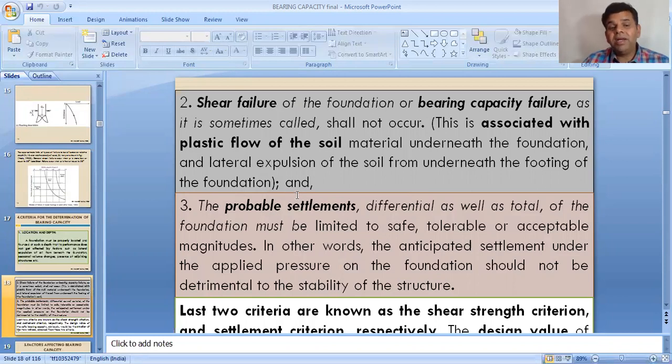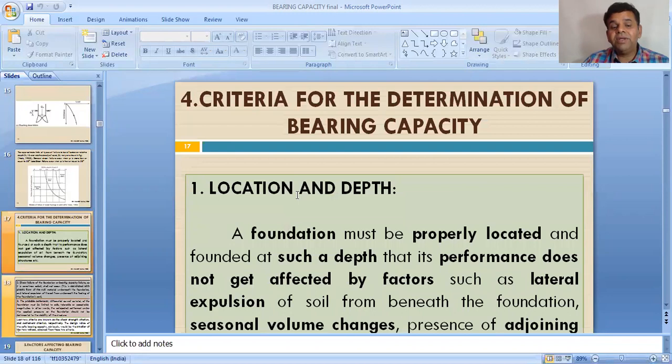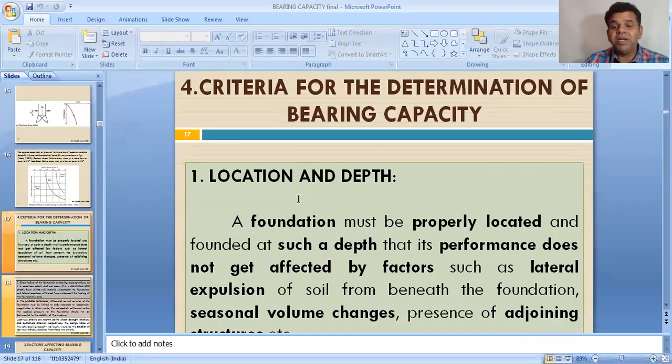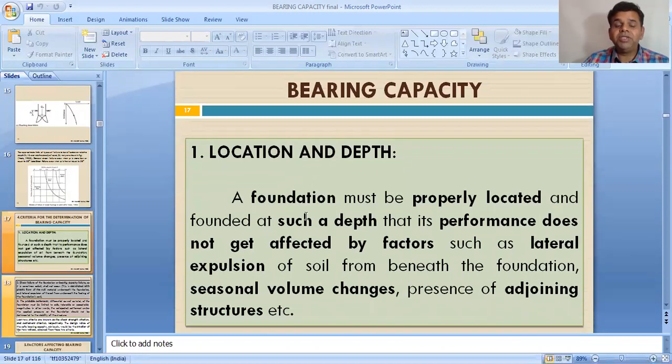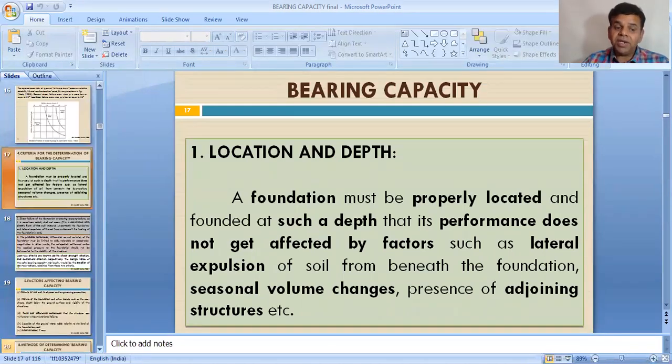And I must remind you that we are talking about a foundation which is located at a depth at which it does not get affected by seasonal volume changes or the presence of any adjoining structure.